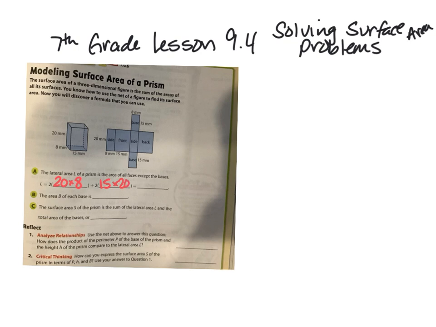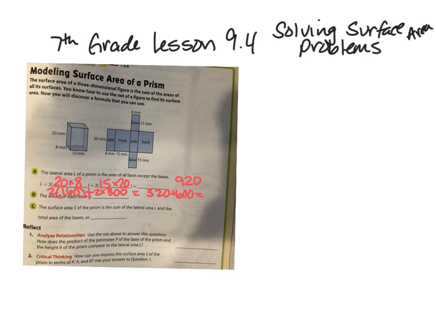And so I would calculate those. This one's going to be 160 times 2. And this one is going to be 300 times 2, added together for a total of 920. So I multiplied this and got 320, multiplied this by 2, got 600, added those together for 920.